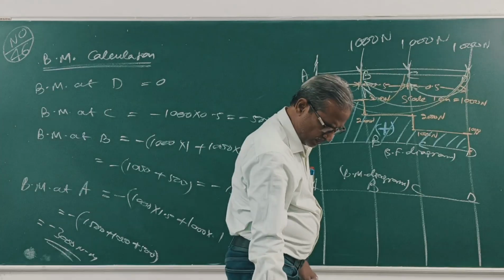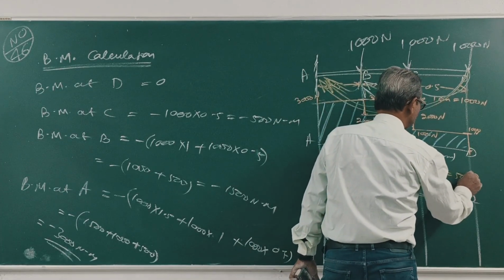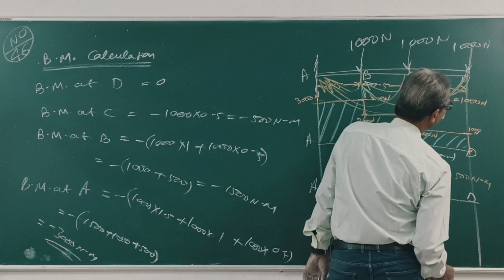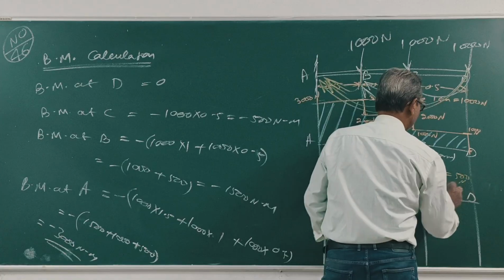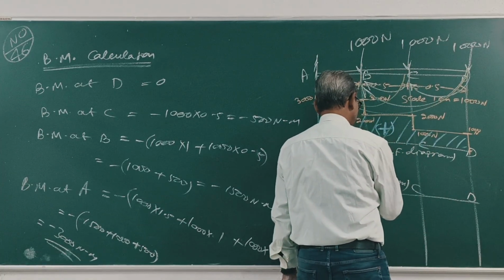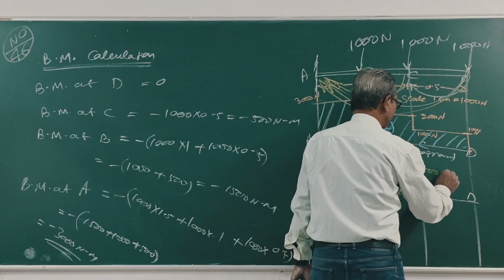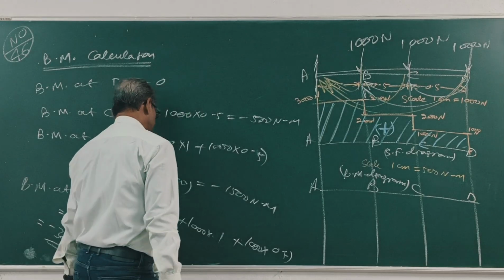Scale: 1 cm is equal to 500 Newton meter. Right?